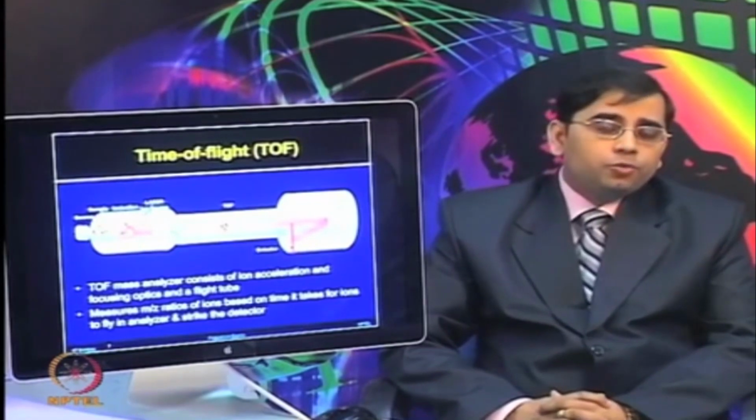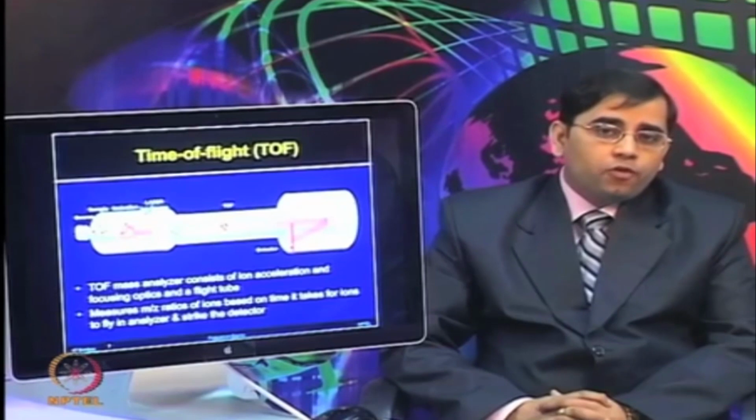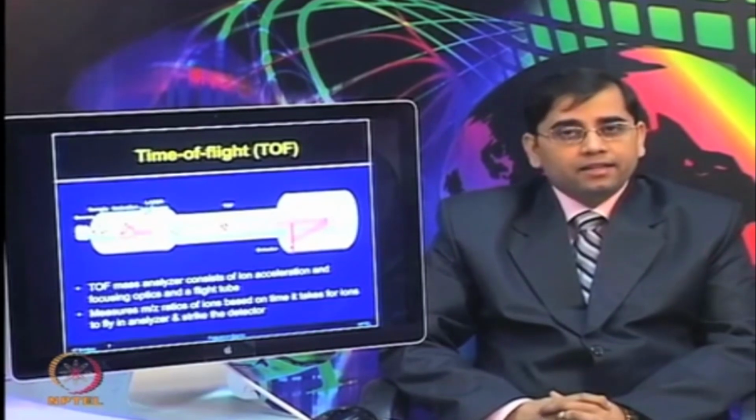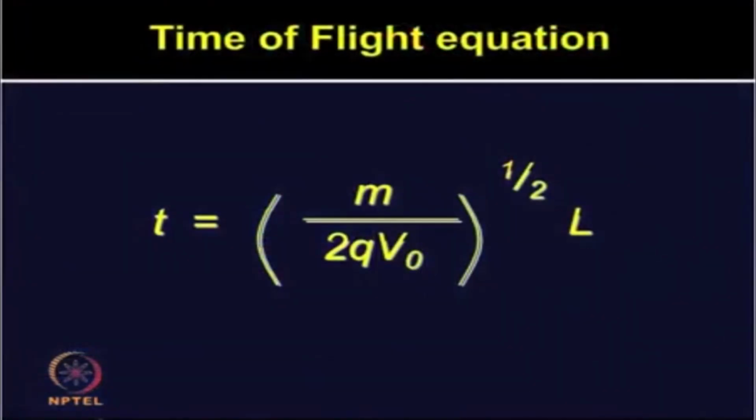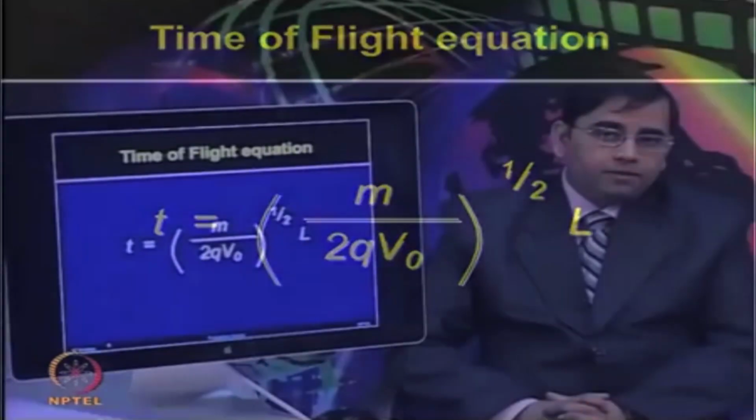Time of flight analyzers often outperform scanning mass analyzers in sensitivity and scan speed. The time of flight of a charged ion can be calculated by using the equation shown in the slide. The flight time is directly proportional to the square root of the mass of the ion.